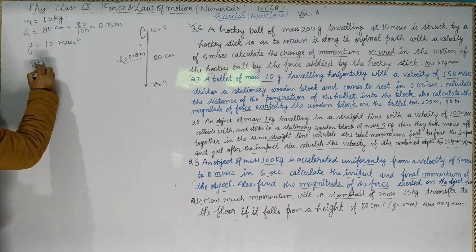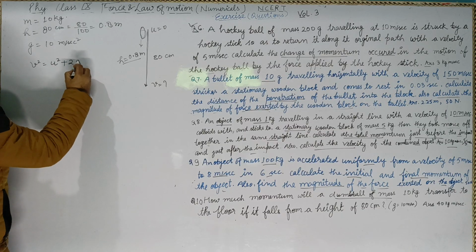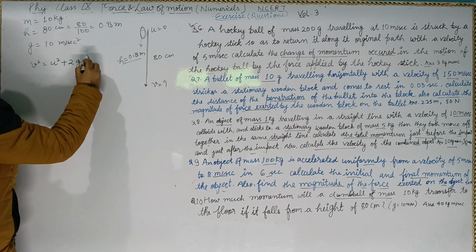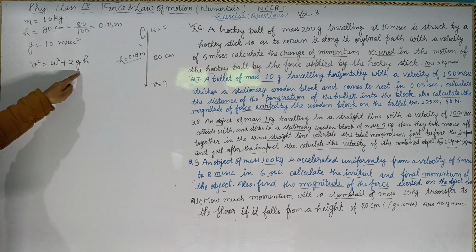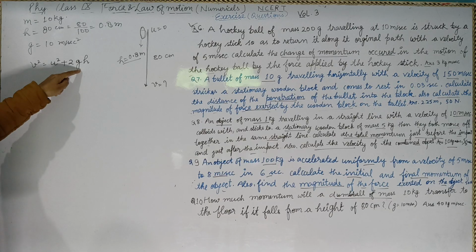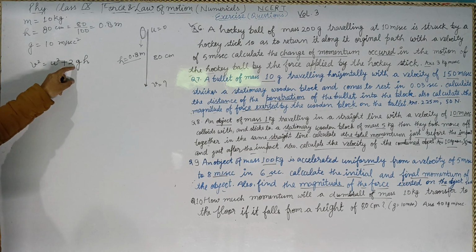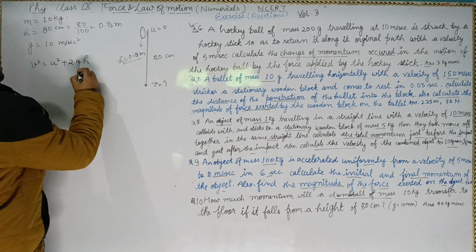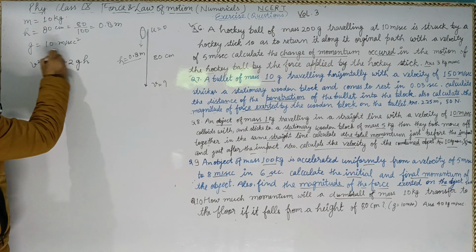It is v square is equal to u square plus 2gh. Under gravity, we put g, the gravitational acceleration of the earth, and its value is 10 meter per second square.